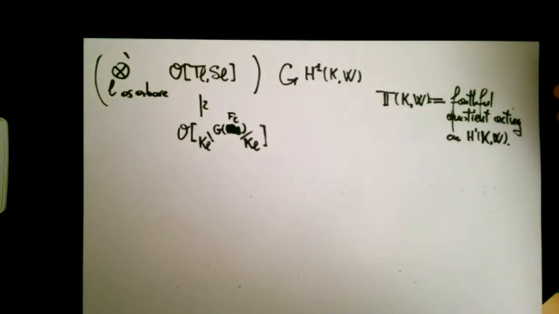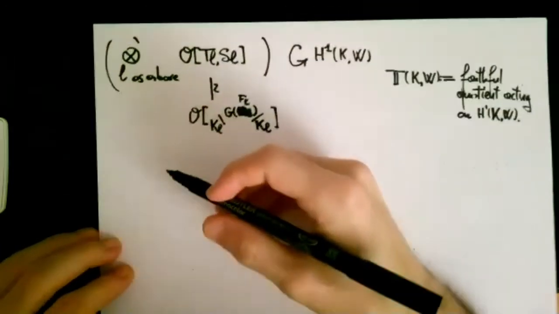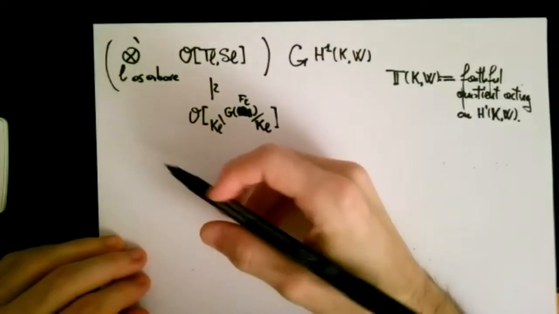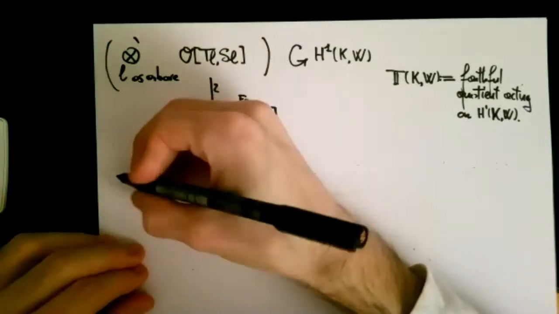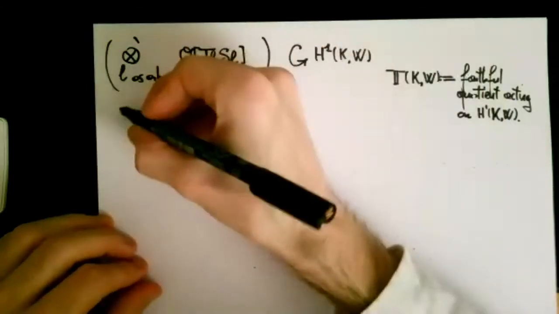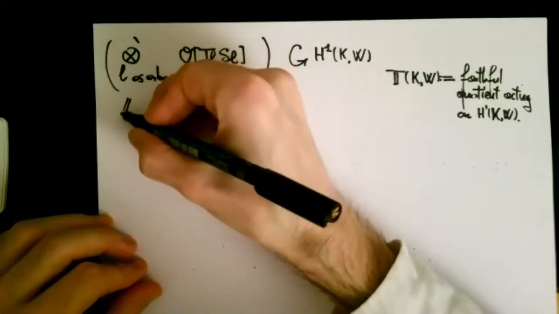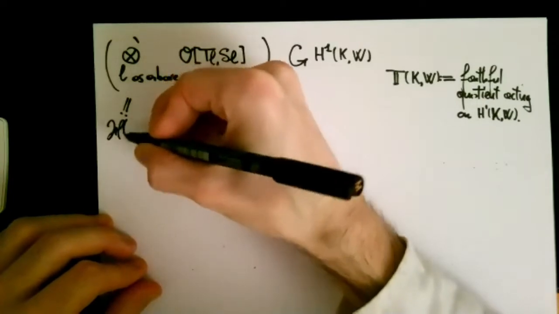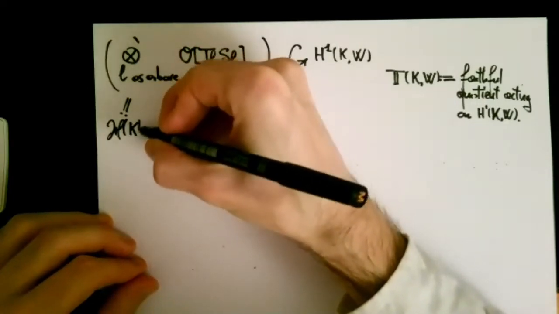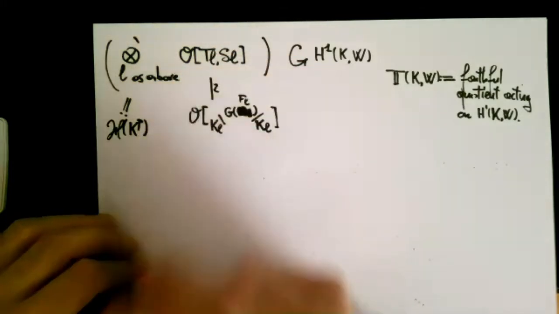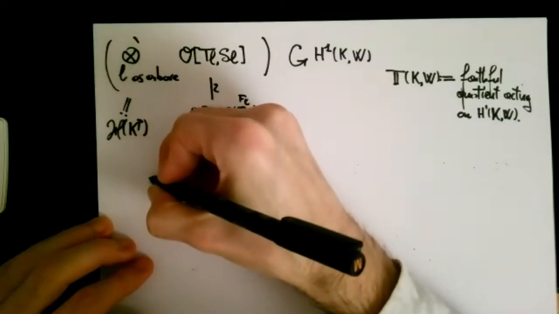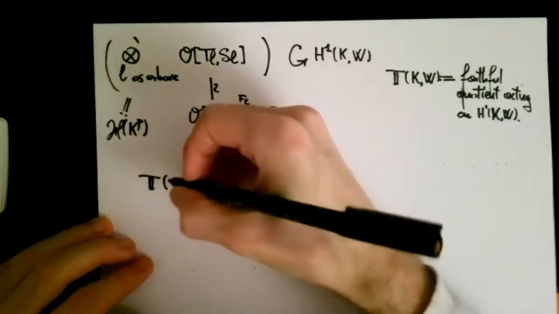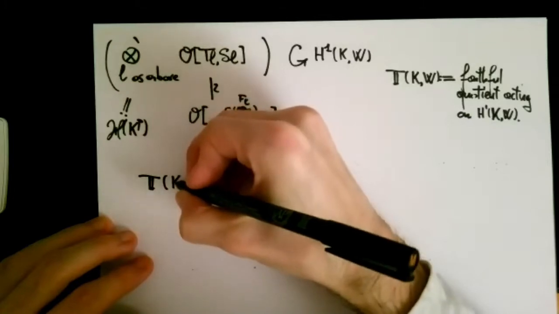All right, so what happens now if I change the level? Now I can pass to the limit over normal compact open subgroups. So call this algebra T_K^p. Now we can consider the following. If I have some smaller compact open at p, we have natural surjections.